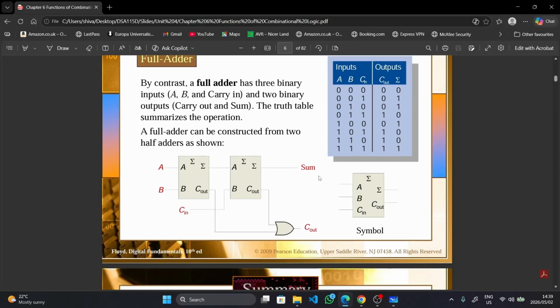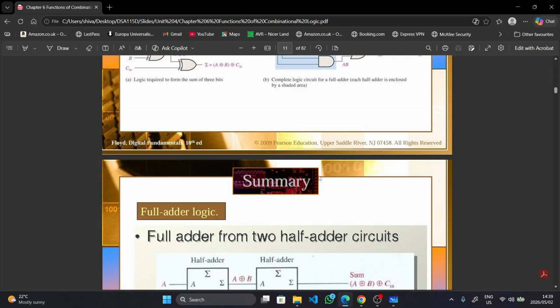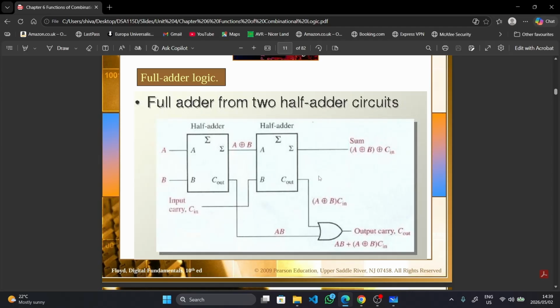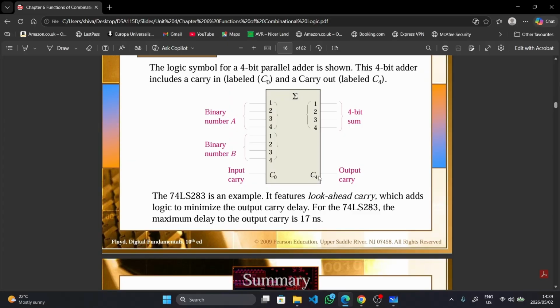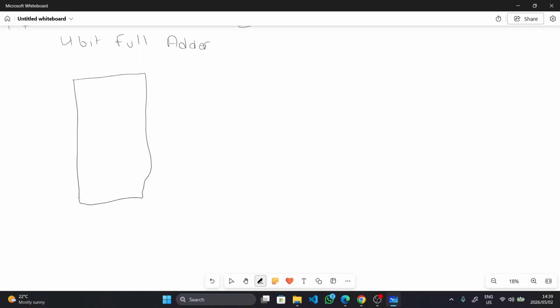And there's another, with ICs you will have a 4-bit full adder that you get in your component list. We call that the 74LS283.